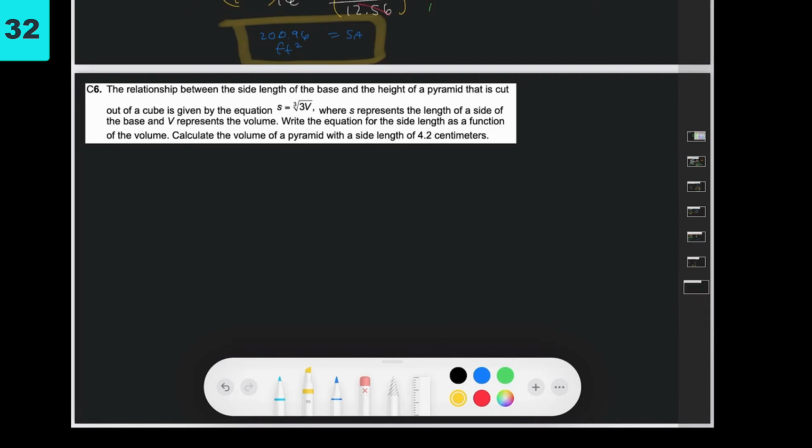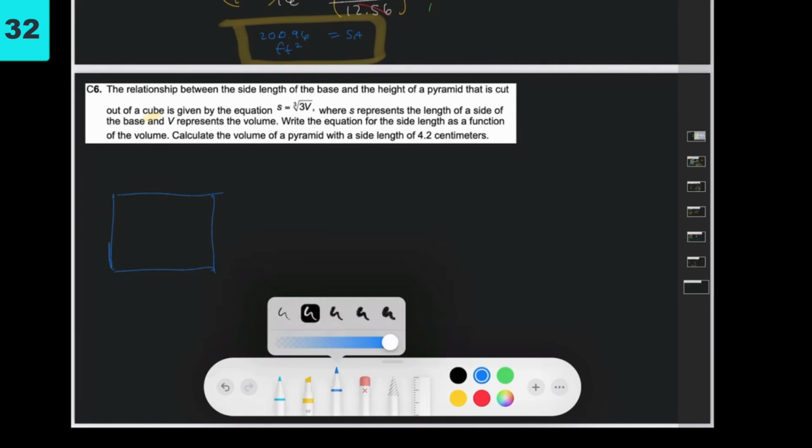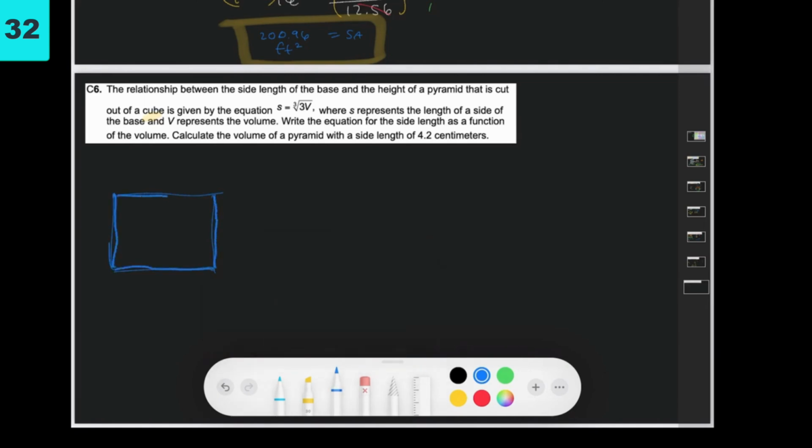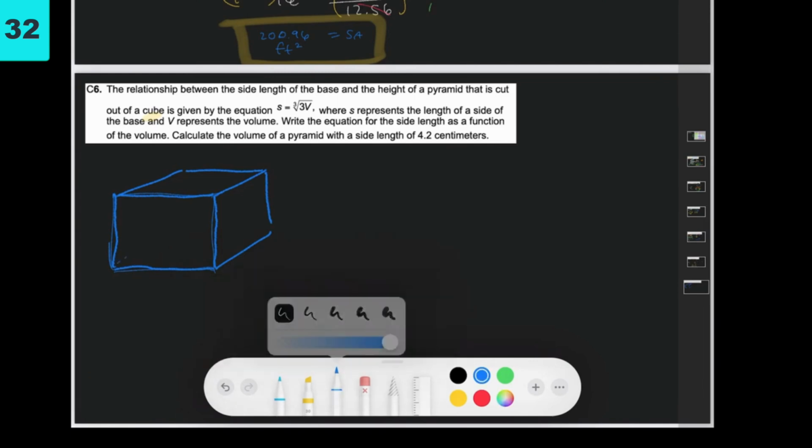Okay, so you got a cube. I'm just going to draw it because I like drawing. Cube. Then they're saying I know what this one is.